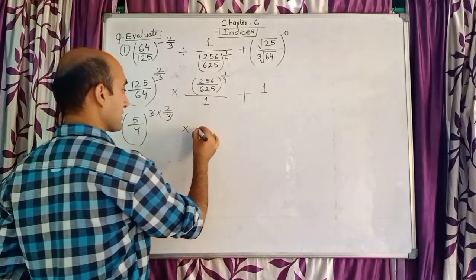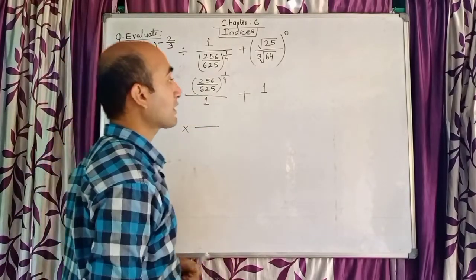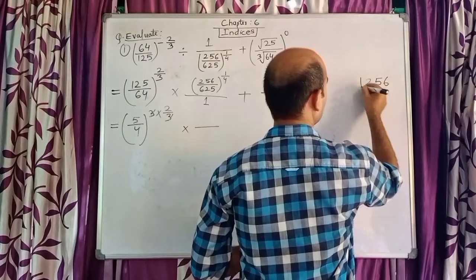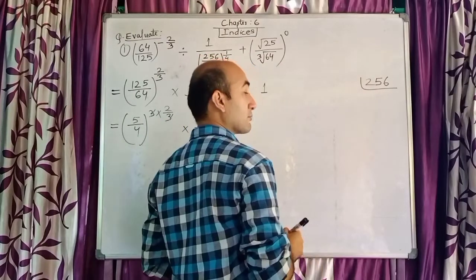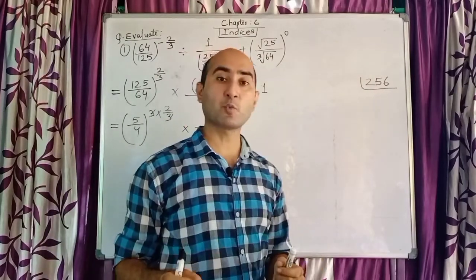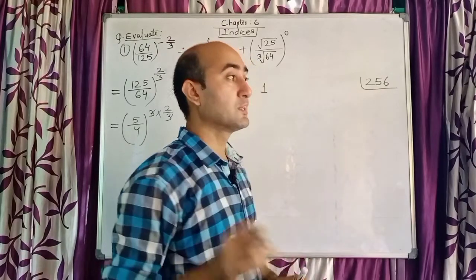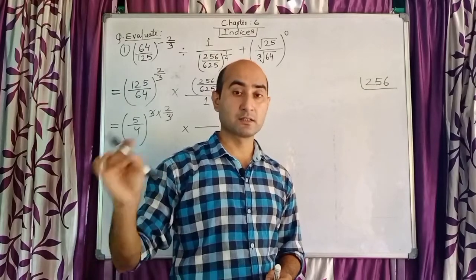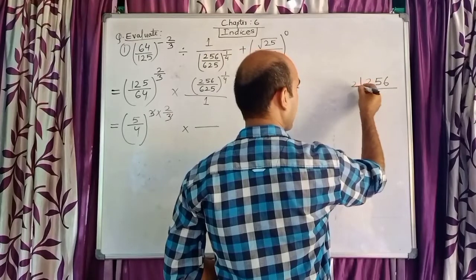Very simple, children. To know that 256 is power 4 of which number, you can take help like this. 256, you do like this. Please factorize with a prime number. Prime number means a number which is divisible by itself and 1. So 2, 3, 5, 7, 11, 13, these are the prime numbers. So you begin with 2. Yes, it is divisible by 2.